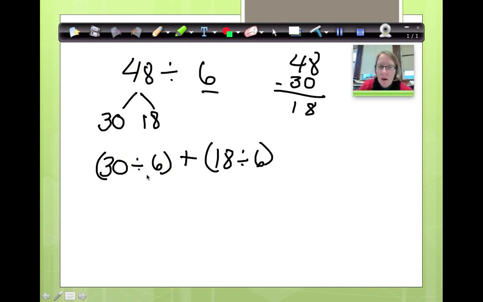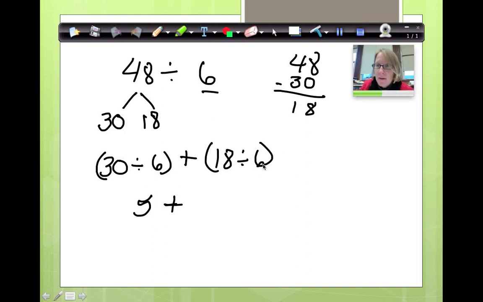Okay. Now, 30 divided by 6. What's 6 times 5? Okay. 30 divided by 6 is what? Well, 6 times what gives me 30? 6 times 5. I like those 5s. So 30 divided by 6 is going to be 5 plus, now this is easy because this is one I know. 18 divided by 6.